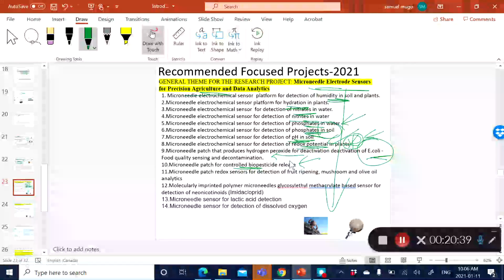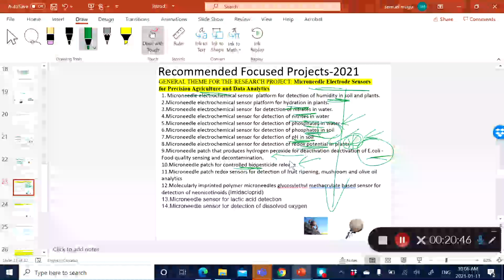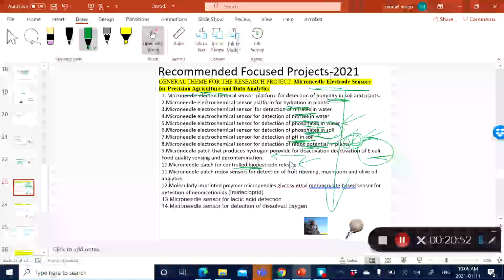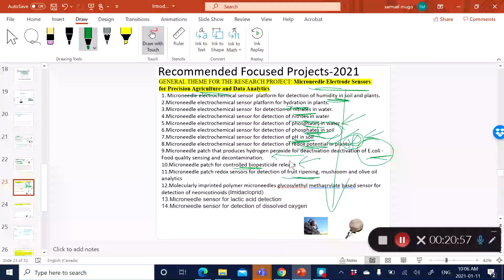However, you can develop a system that only releases a certain amount of pesticide only when it's needed, and of course that can save you a lot of money and help environmental conservation. It's good for that. As I've said, no one took this project last year.